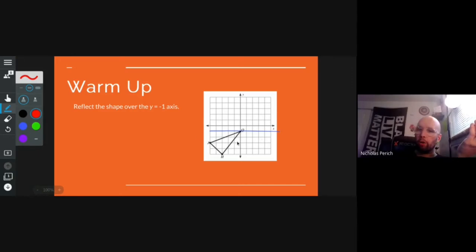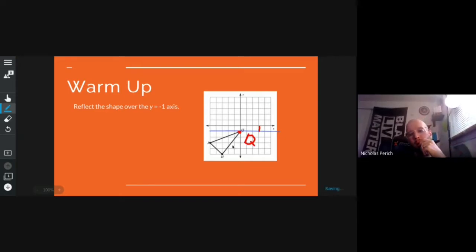Since Q is already touching the mirror, Q stays there. J is 2 units away from my mirror, so it's going to be 2 units above my mirror, J prime. H is 4 units under my mirror, so 4 units above my mirror.